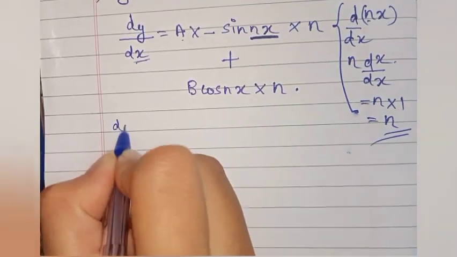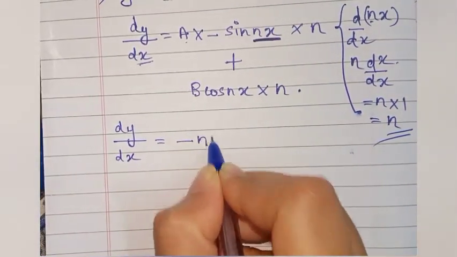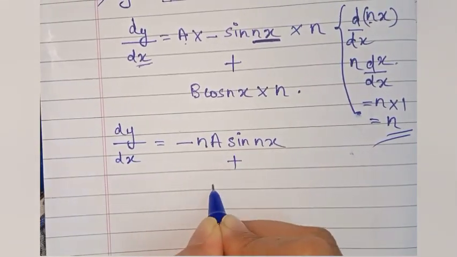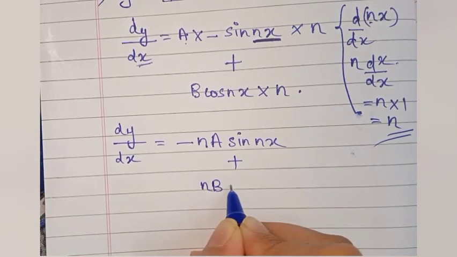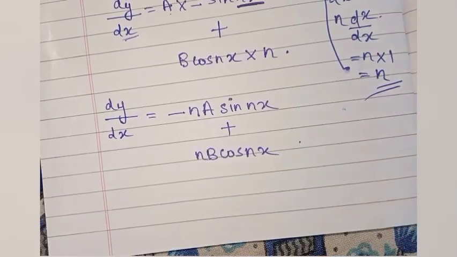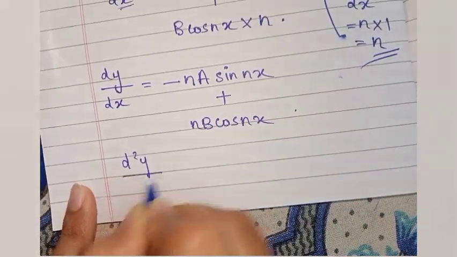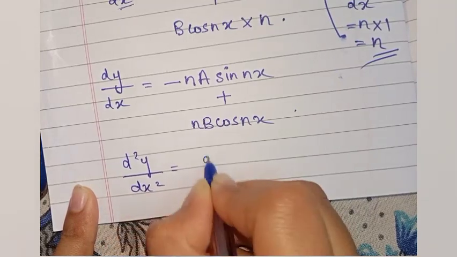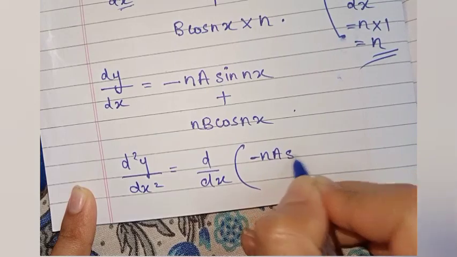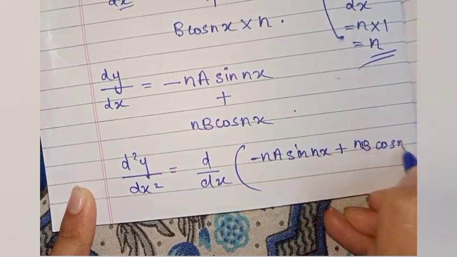We can write it as dy by dx is equal to minus na sin nx plus nb cos nx. Now we have to differentiate it once more, so d square y by dx square will be equal to d by dx of minus na sin nx plus nb cos nx.